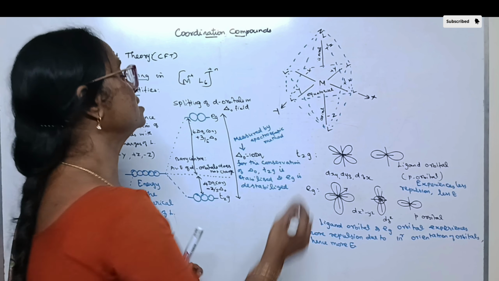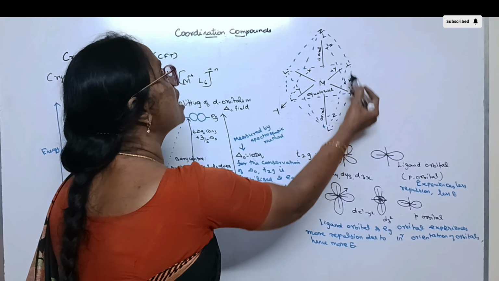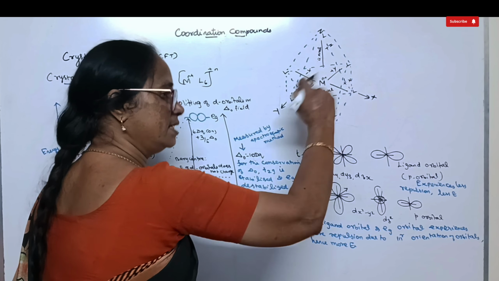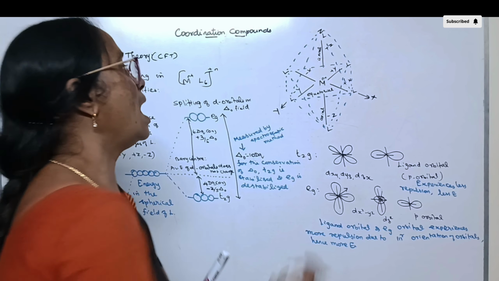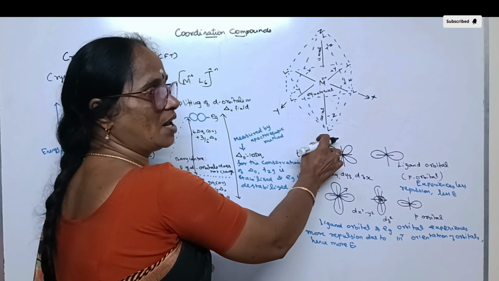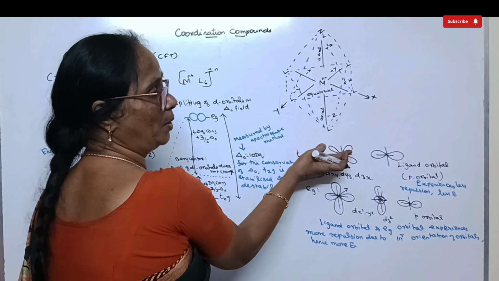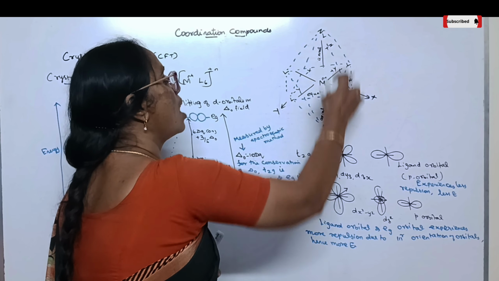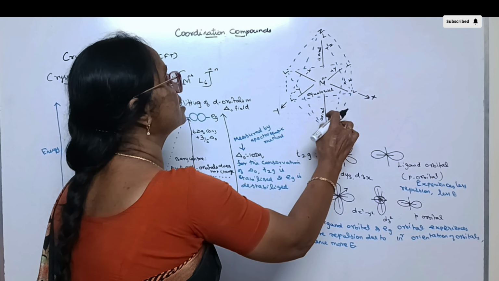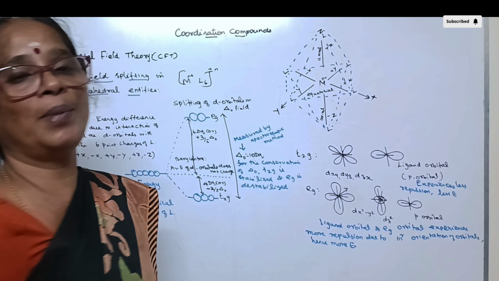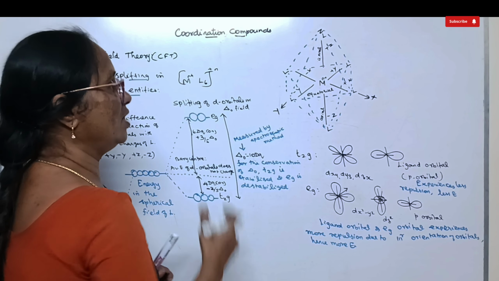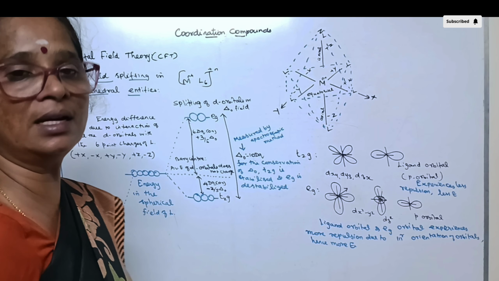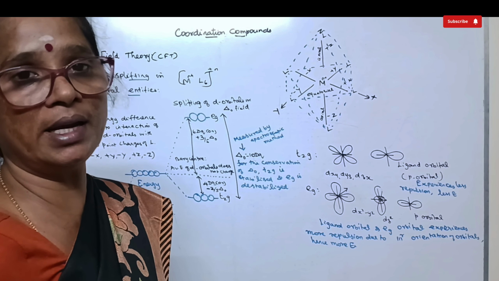In this case, four of the ligands are present about the central metal ion in its equatorial plane, and two more ligands are present just above and below the plane of the octahedron, lying in the axial positions. So all these six ligands are present along three different coordinate axes.